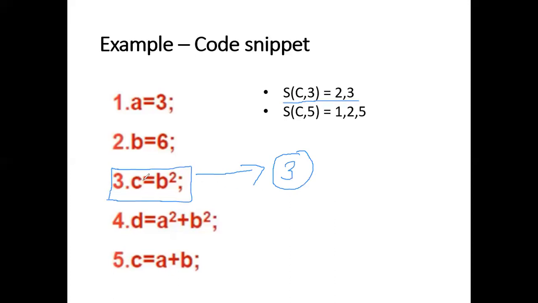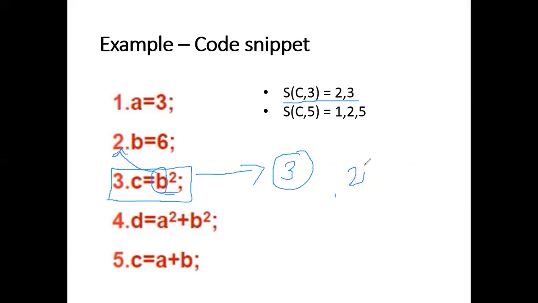Then in order to execute this particular statement, C equals B square, I have to get the value of this B. So I am trying to find the corresponding statement for B. This B appears in the second statement.